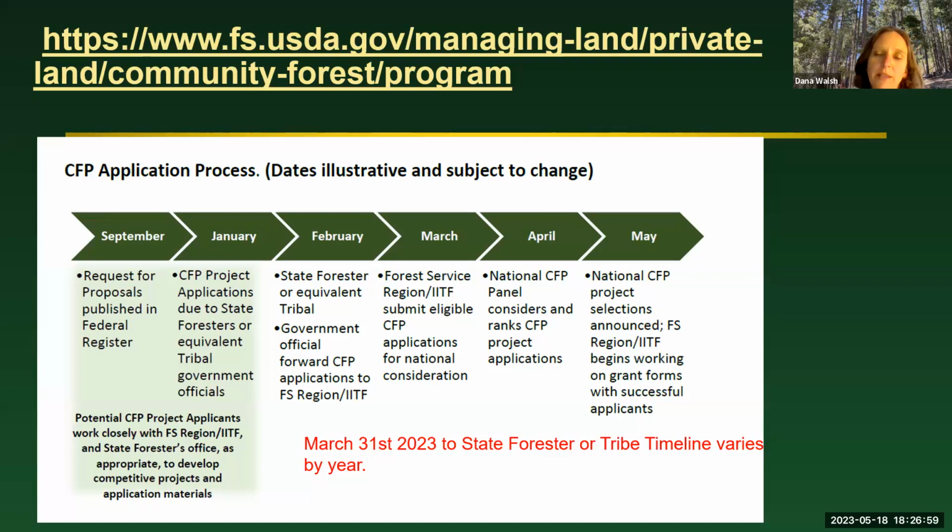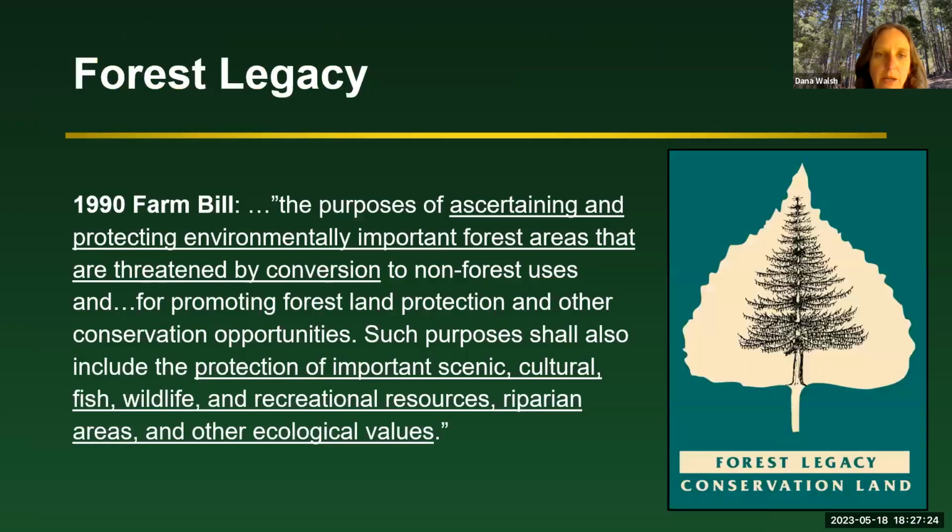It's really good to know what the projects are well before the official request for proposals comes out. So this is our ideal timeline that I'm presenting on the screen. This past year, the request for proposals was issued in March and was due a couple of weeks later. So it can be a really crunched timeline depending on how releases are going in a specific year.